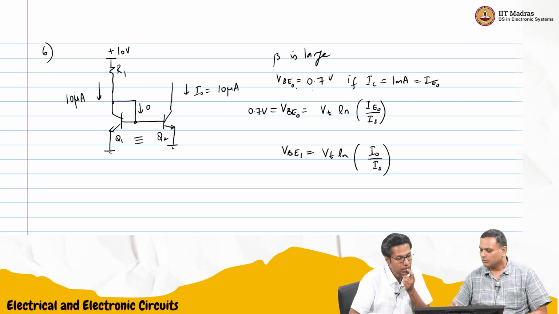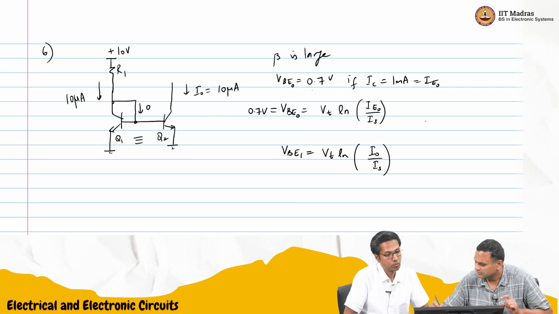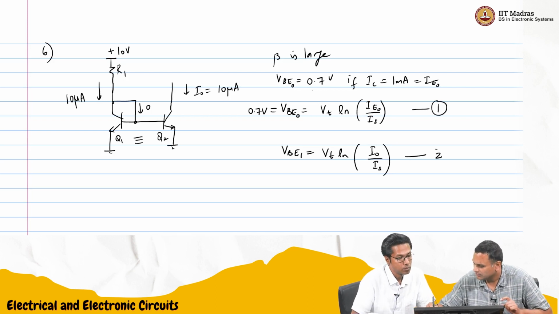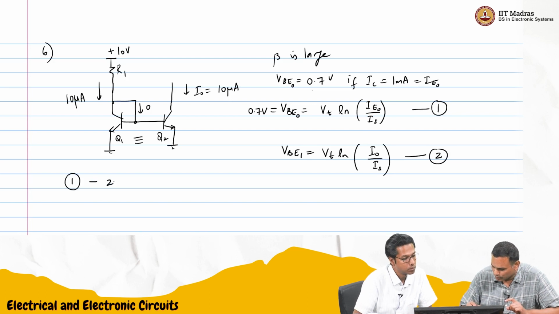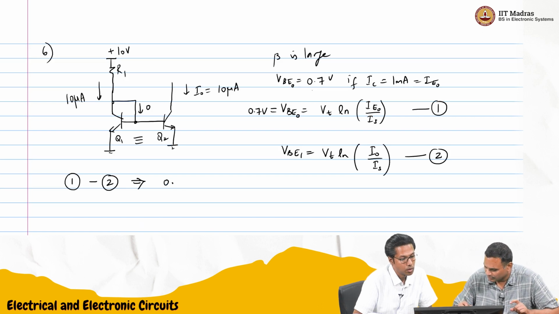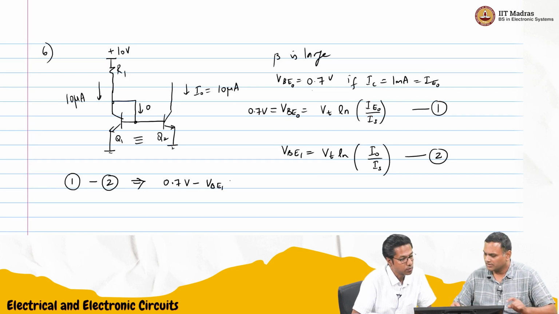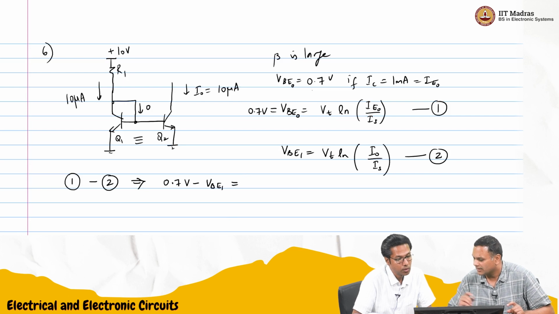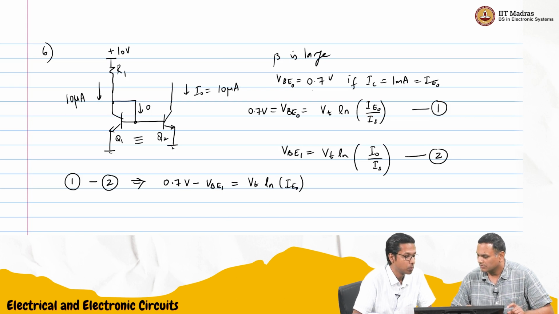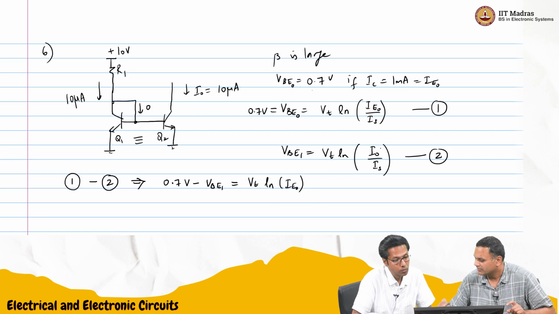So suppose I subtracted the two equations, VT ln IS will get cancelled. This is 1, this is 2. I'm going to do 1 minus 2. So 0.7 minus VBE1 is VT ln IE naught by I naught, because I'll get minus VT ln I naught.